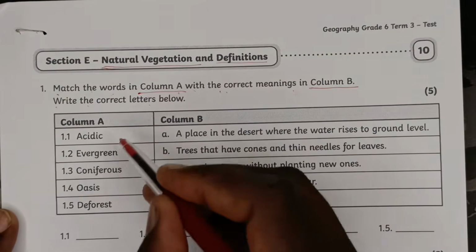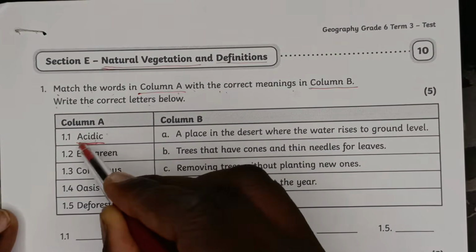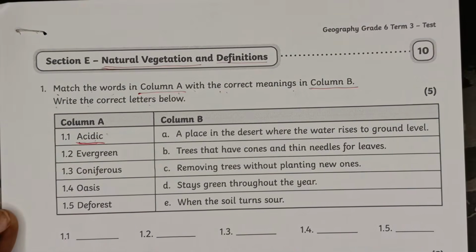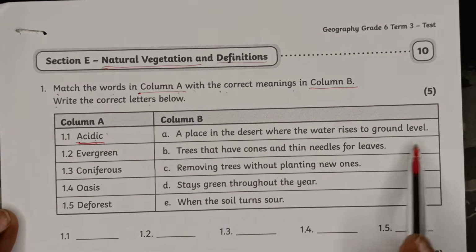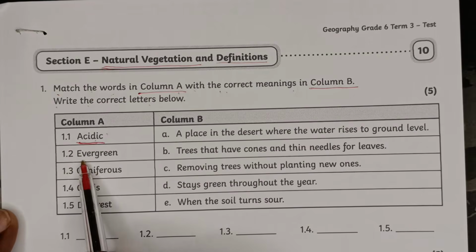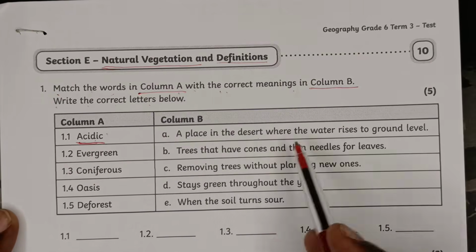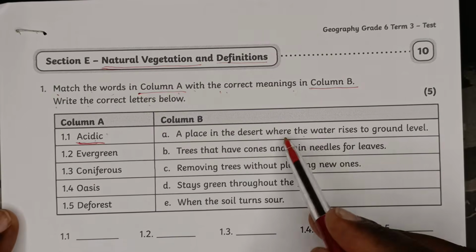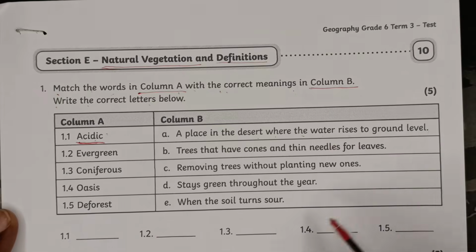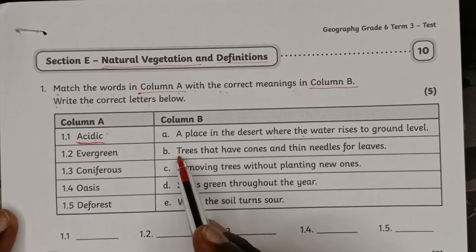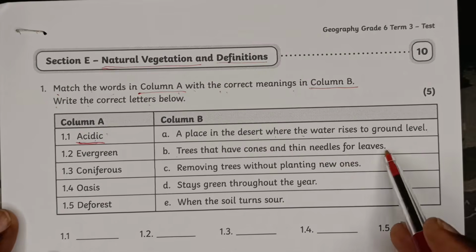The first one is acidic. The word acidic, which is the definition here that means acidic. Is it a place in the desert where the water rises to the ground level? No. Is it trees that have cones and thin needles for leaves?